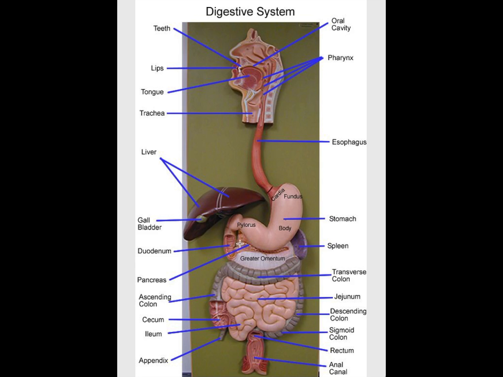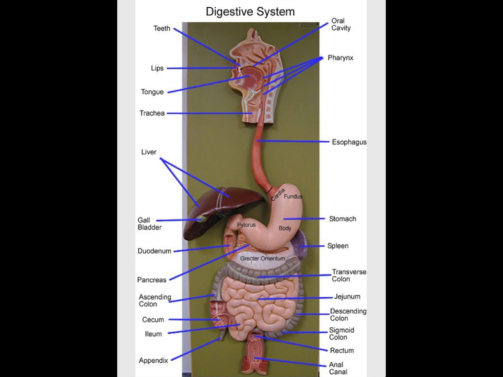What you can't see right here is the pancreas, and there's the common bile duct, and you could actually see on this model where the two merge together to form the hepatopancreatic ampulla on the outside of the duodenum, and then on the inside of the duodenal wall you can see the major duodenal papilla. You can also see the circular folds in the duodenum, and just FYI, the jejunum and the ileum also have those circular folds. You can kind of see it right here on this model.